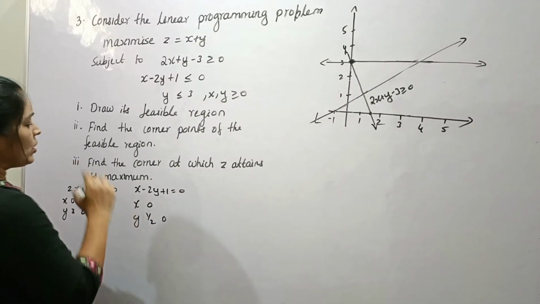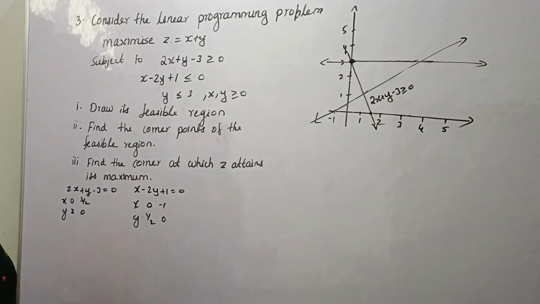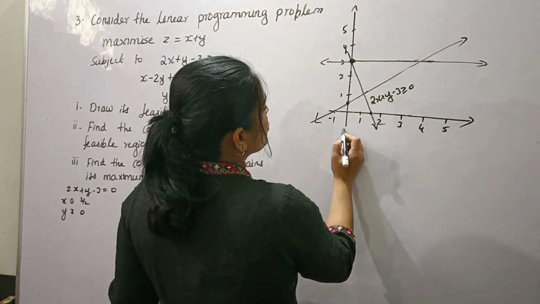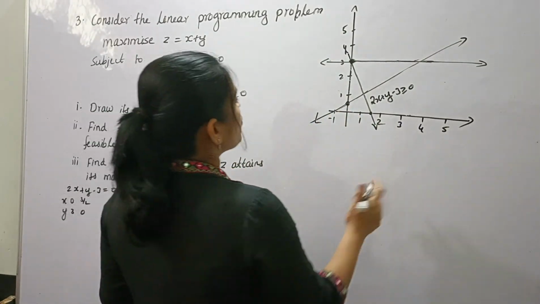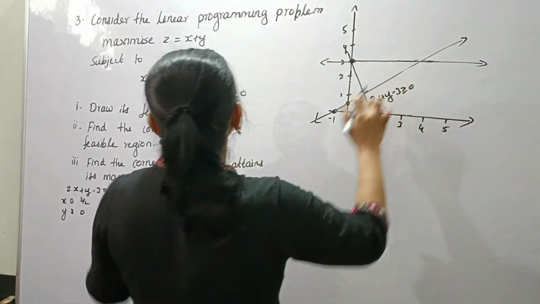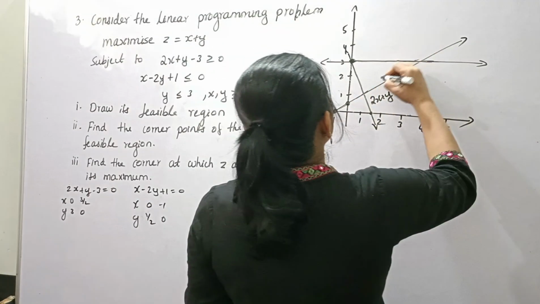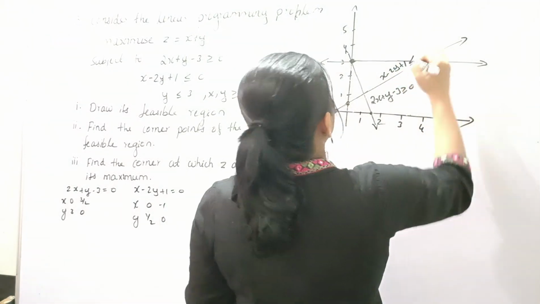When y is equal to 0, x is equal to minus 1. So the points are (0, 1/2) and (-1, 0). Join these points. So it is the line x minus 2y plus 1 is equal to 0, constraint x minus 2y plus 1 less than or equal to 0.